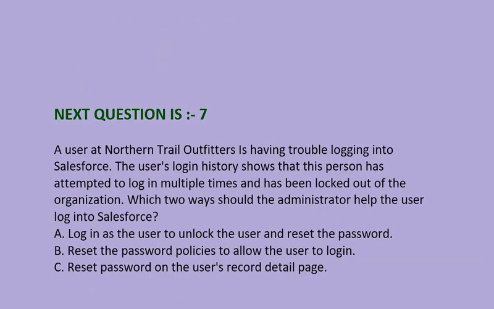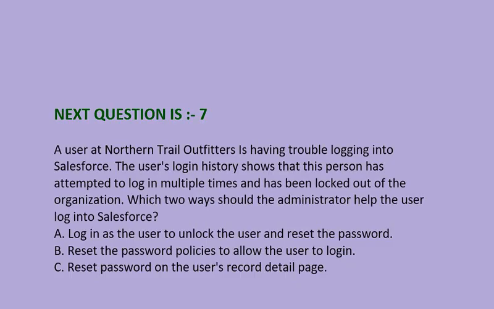Question is: A user at Northern Trail Outfitters is having trouble logging into Salesforce. The user's login history shows that this person has attempted to log in multiple times and has been locked out of the organization. Which two ways should the administrator help the user log into Salesforce?